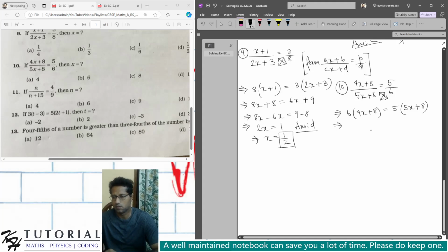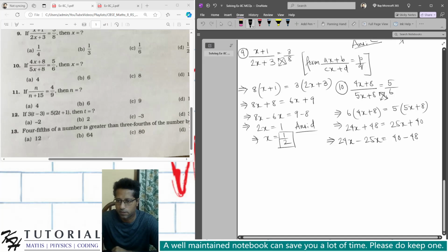Doing the products on both the sides and opening the brackets, we get 24x plus 48 is equal to 25x plus 40. Now bringing all the x terms to the left hand side and all the constants to the right hand side by transposition of terms, we get 24x minus 25x is equal to 40 minus 48.